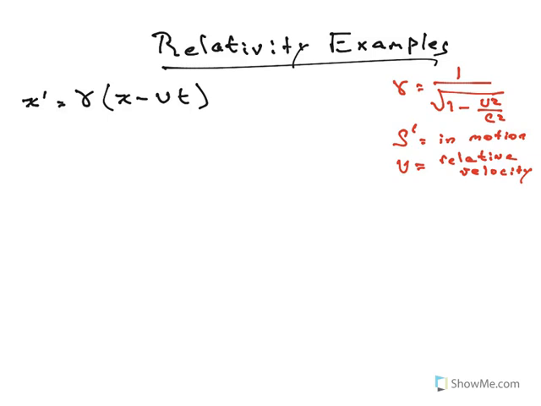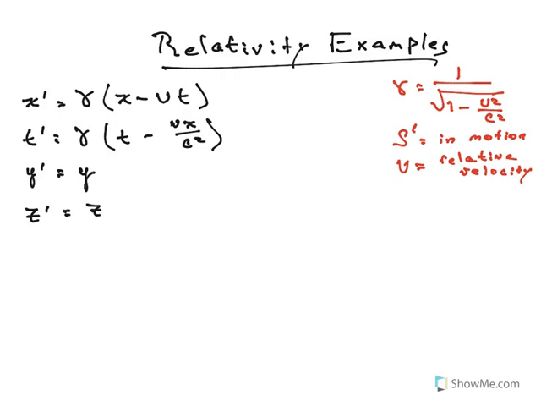Okay? So there's our x transformation, and our t transformation: t prime is gamma times t minus ux over c squared. And then the easy ones, y prime is just y, and z prime is just z, because the only interesting effects are in the direction of motion.